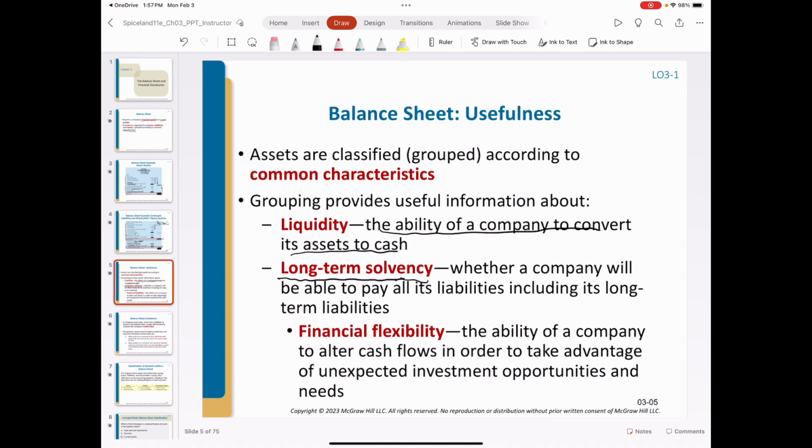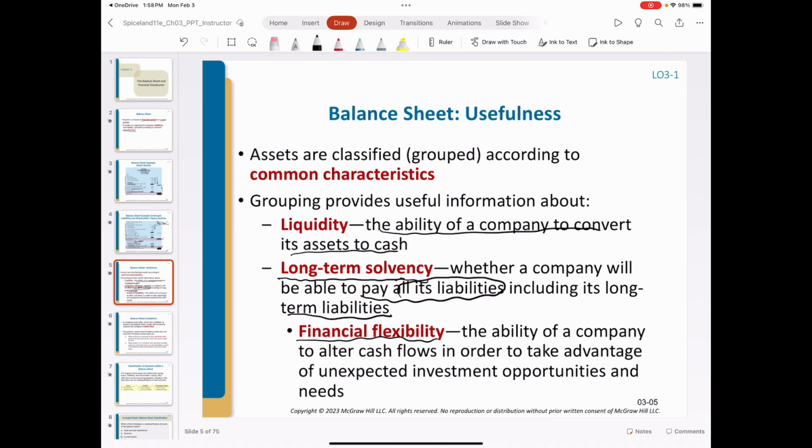The next one is that we can analyze a company's long-term solvency, which is related to the company's capital structure. Long-term solvency represents the company's ability to pay all its liabilities, not just current liabilities. If the company has a greater portion of financing from debt, it also indicates the company has lower solvency.